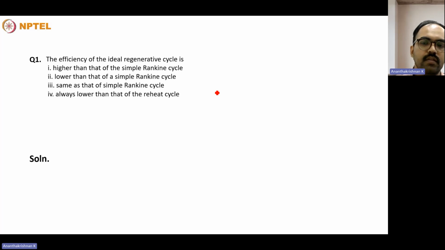So a part of the total heat input will be taken care of by the expanding steam. Through this process, we might be compromising on the total work output, but we are trying to reduce the overall heat input.